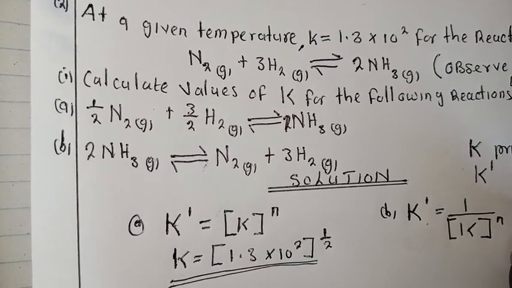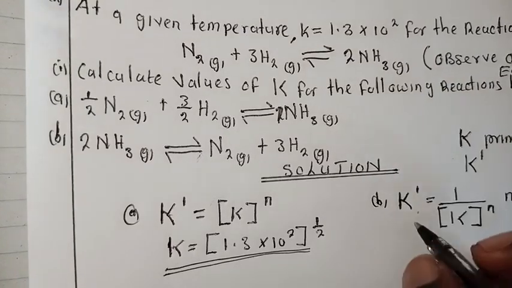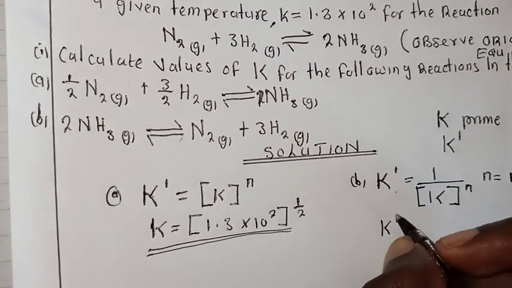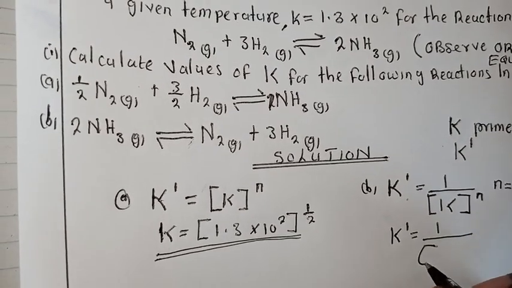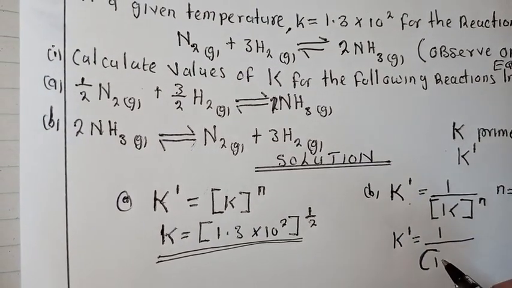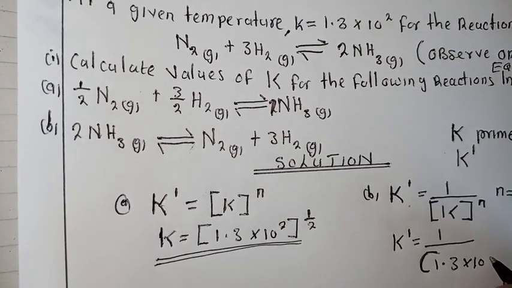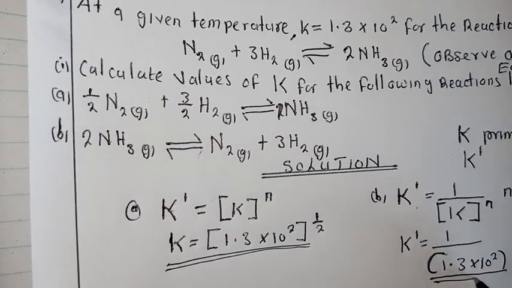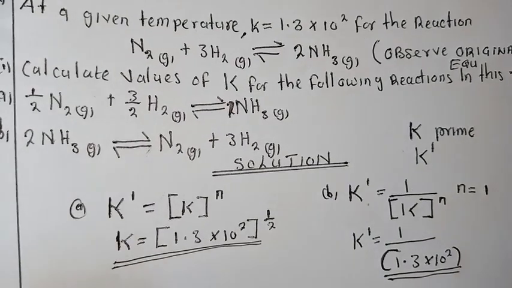In this case, nothing has been added, so n is just 1. They multiplied by 1. So K prime is going to equal 1 over K. It's not concentration anymore, it's a constant. Whatever value you get, that is your final value.